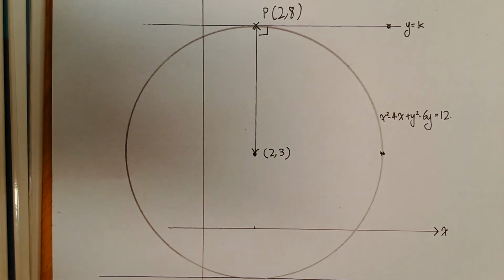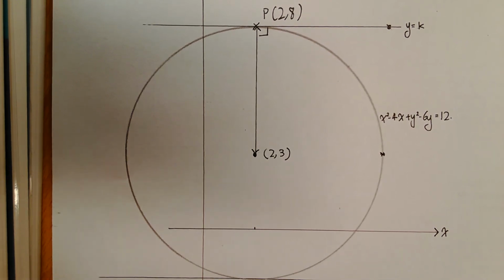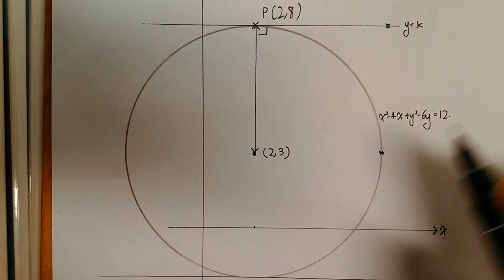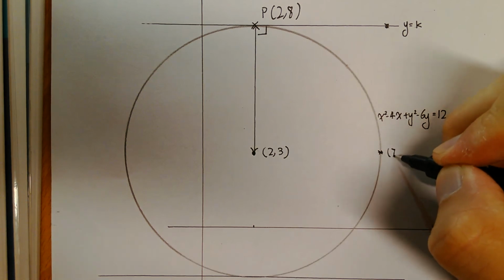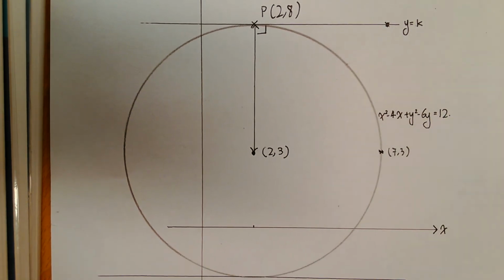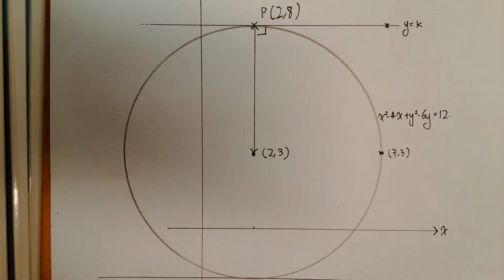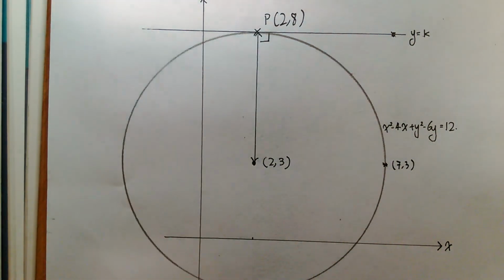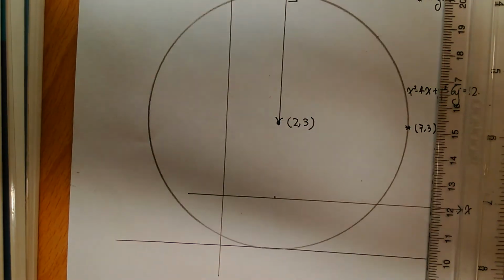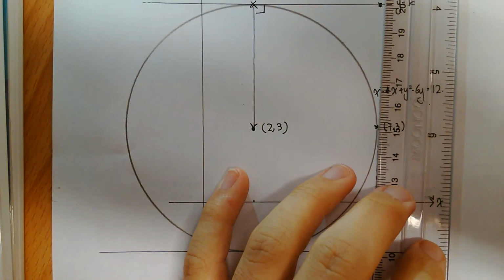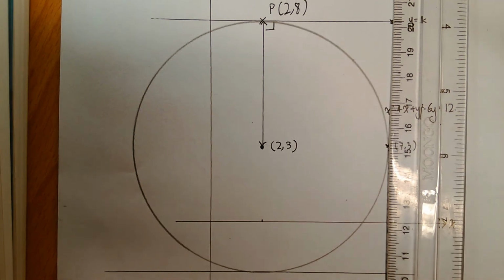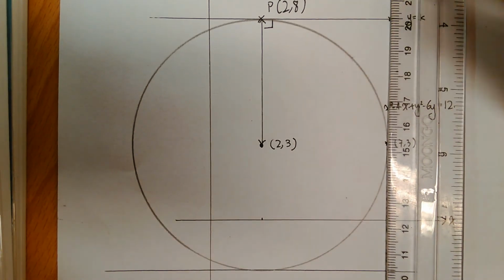Okay, next we have the tangent to the circle at point (7, 3). So I've drawn here, this is (2, 3). If you just move 5 units across, this point here is (7, 3), like this. And they tell us that the tangent intersects the line y equals k at the point R. So now with the aid of a ruler, I'll draw the point R there. If it's tangent at (7, 3) like this, you obtain the point R over here.